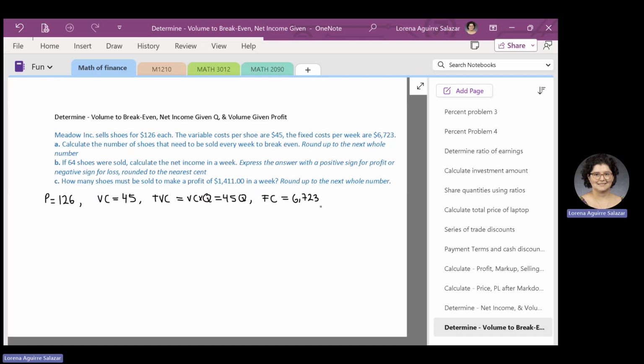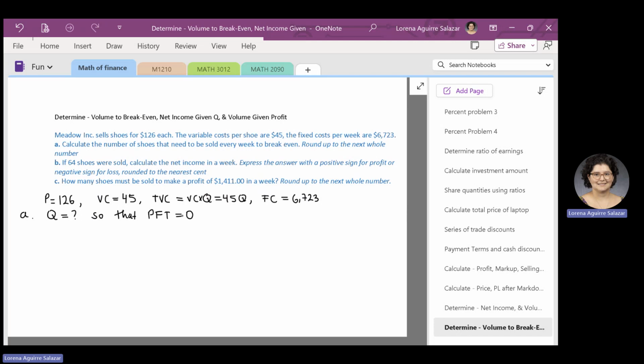Okay, so let's talk about part A of this problem. We need to calculate the number of shoes that are needed to be sold every week. We need to find Q to break even. We need to find Q so that the net profit, or PFT, of the business is 0.